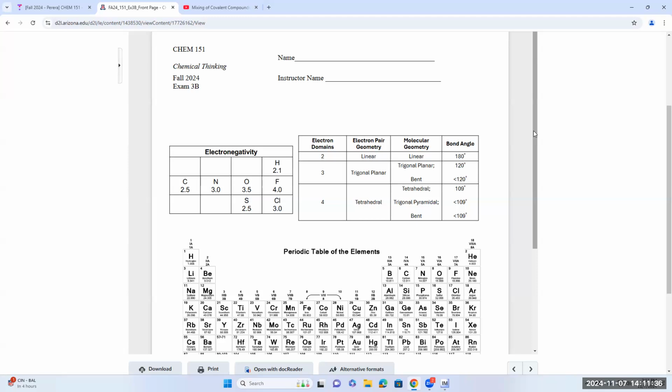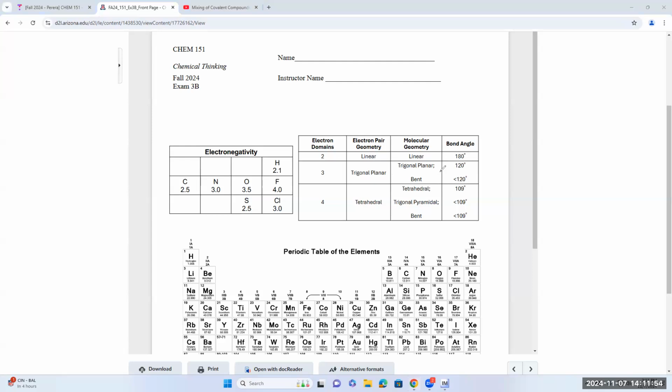See if you can answer the questions with the given information. If there's anything that is missing, you need to make sure that you remember them. For example, here you are given the geometries, but it is, for example, trigonal planar.